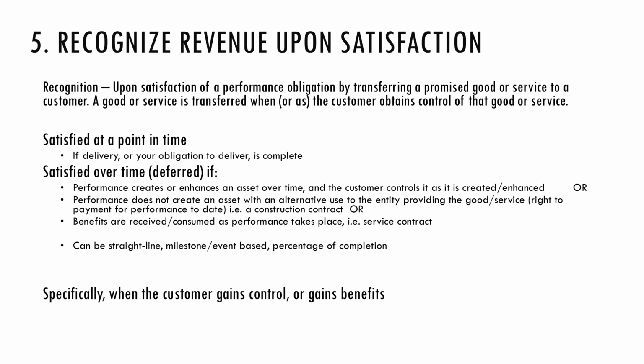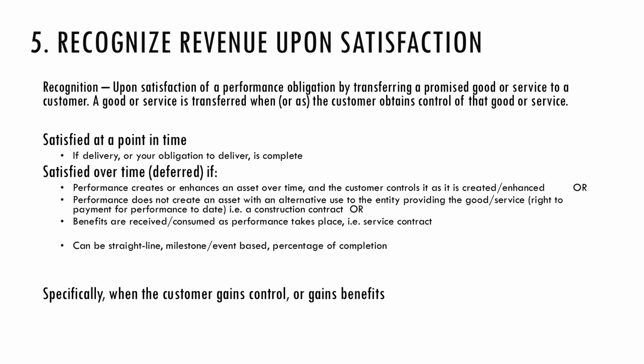And it would be satisfied over time if the performance obligation creates or enhances an asset over time and the customer controls it as it's being changed or enhanced. The performance obligation does not create an asset with an alternative use to the entity providing the good or service. Think of a construction contract.